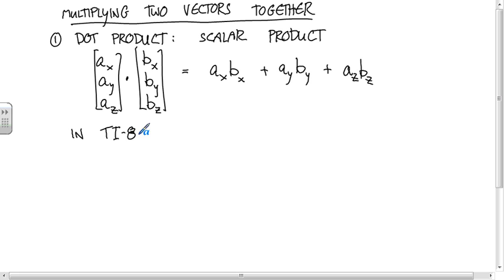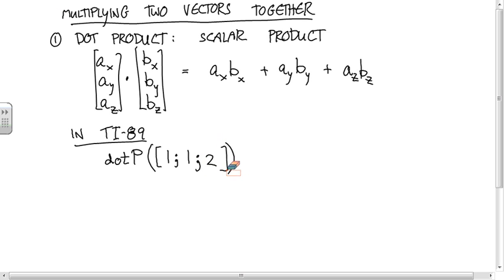On a TI-89, there's a function that does this. So dotP with an uppercase P of two vectors, let's say 1, 1, 2.